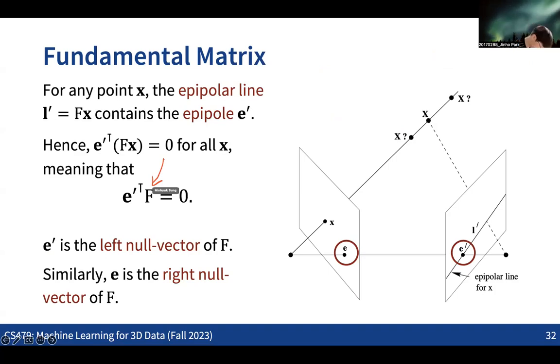And the other way around is the same: we can also find the epipole, the point in the first view image, as the right null vector. So the fundamental matrix gives us all the information about the epipolar line and the epipole, how a point can be mapped to the epipolar line, and also how we can find the epipoles in each of the images. Is it clear?